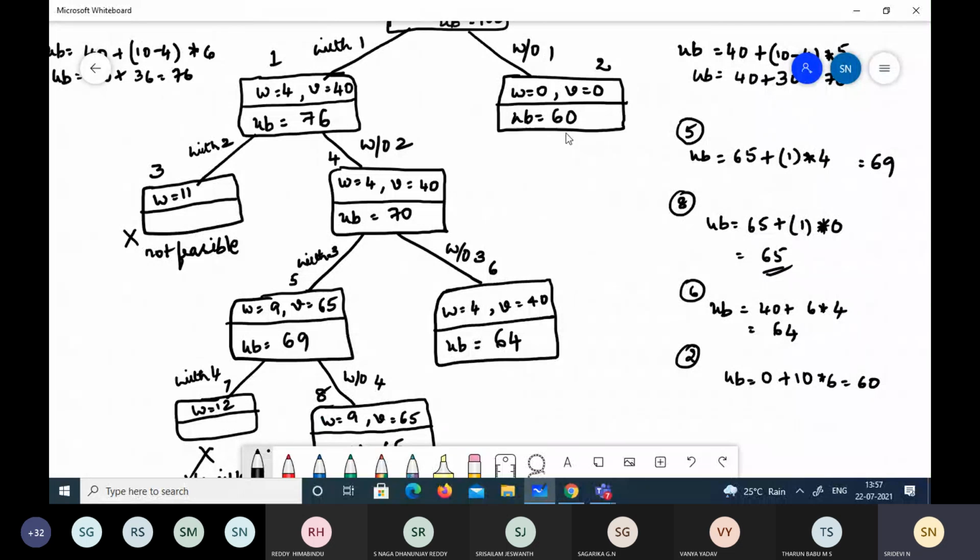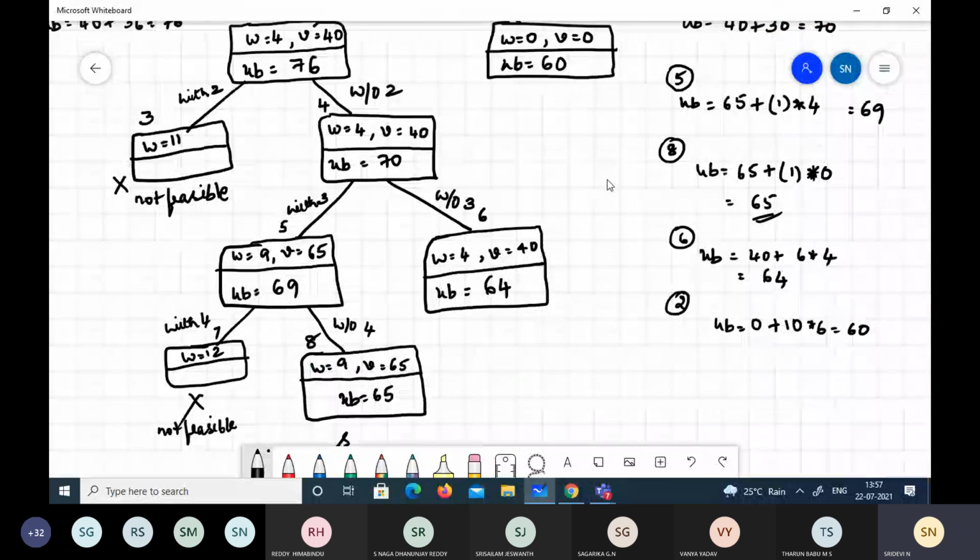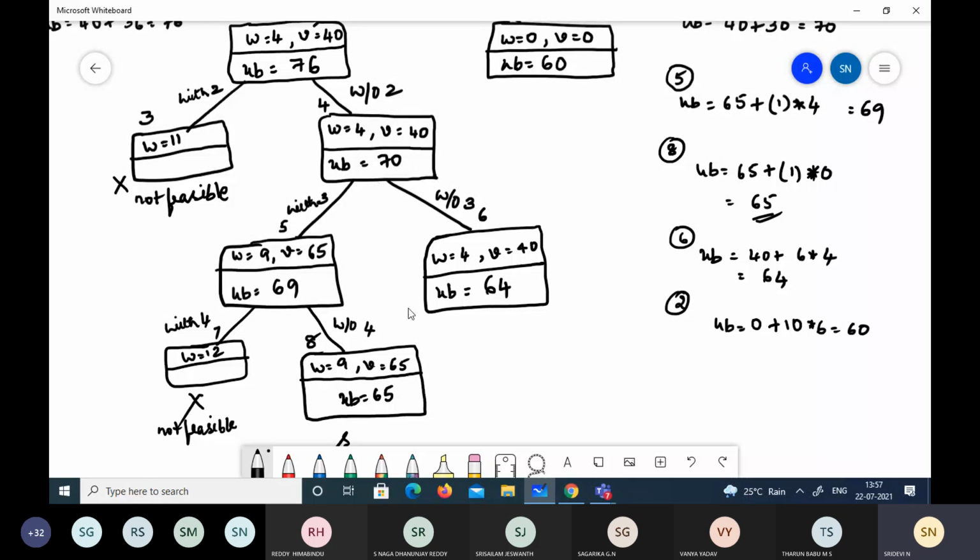If you check here, these 2 are inferior when compared with this node. So we can conclude that this is the solution, and we will not consider this and this, because both are inferior to node 8. The upper bound for node 8 is more than for these 2.